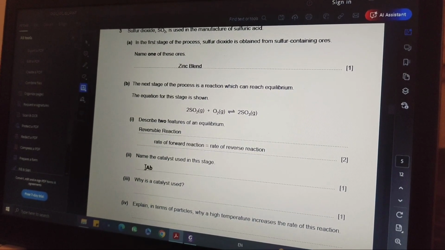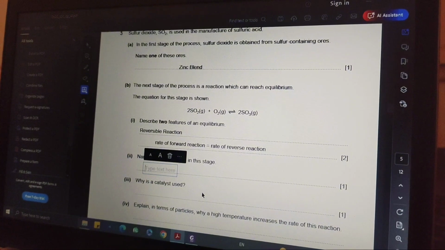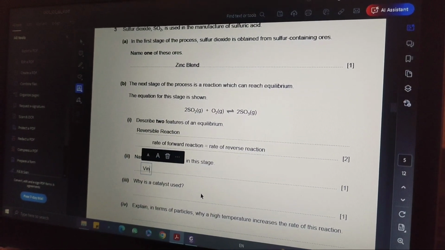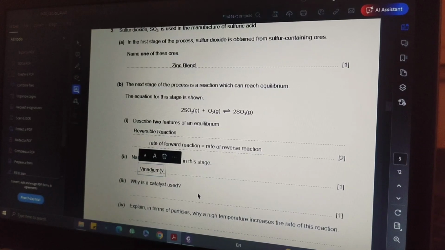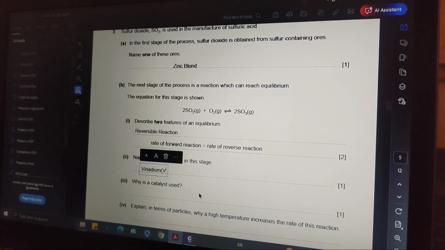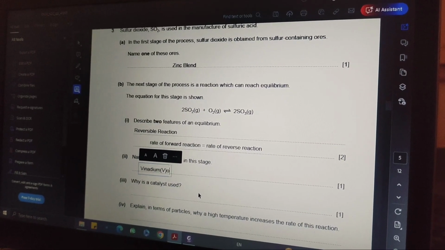Name a catalyst that is used in this stage. The vanadium pentoxide. Vanadium is a transition element, so we'll be writing the oxidation state in this oxide.